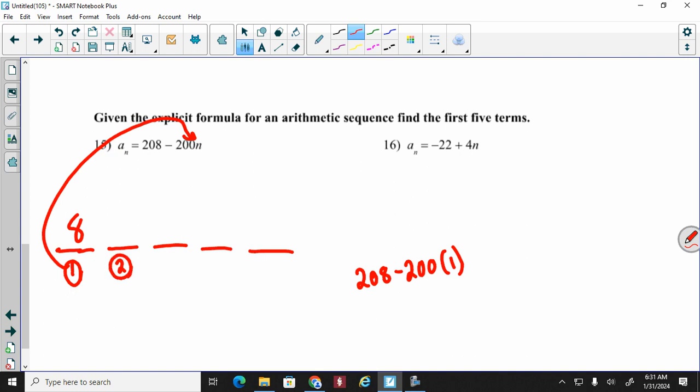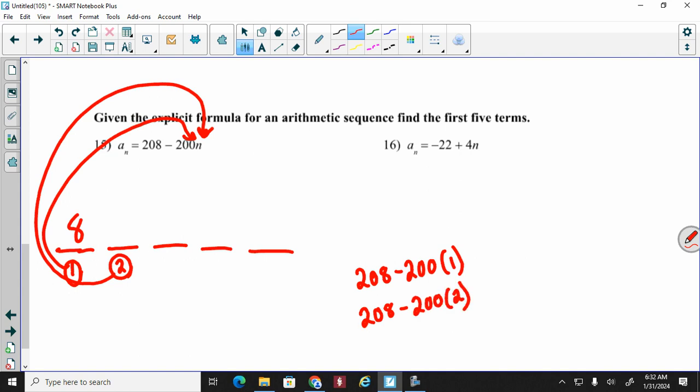Now to find the second term, you have to take 2, plug it in there. So 208 minus 200 times 2. And when you do the math, you end up getting negative 192. You do the same thing for 3, 4, and then 5, and if you notice, you're subtracting 200 every single time.